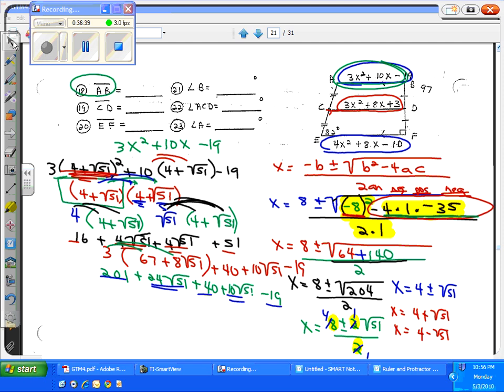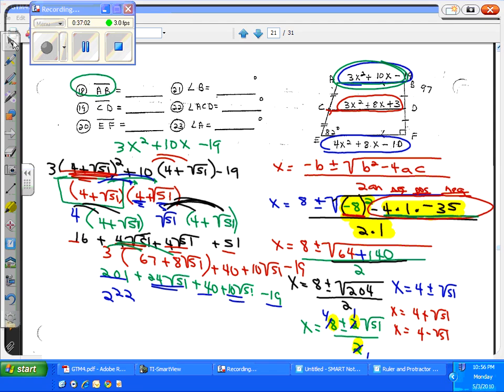And then we would combine like terms. We would have 201 plus 40 is 241. 241 minus 19 would be 222.